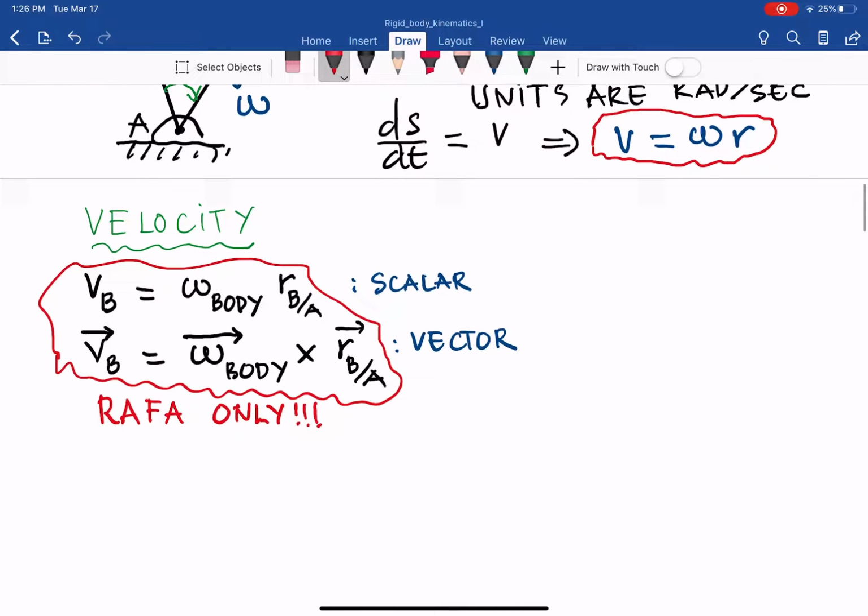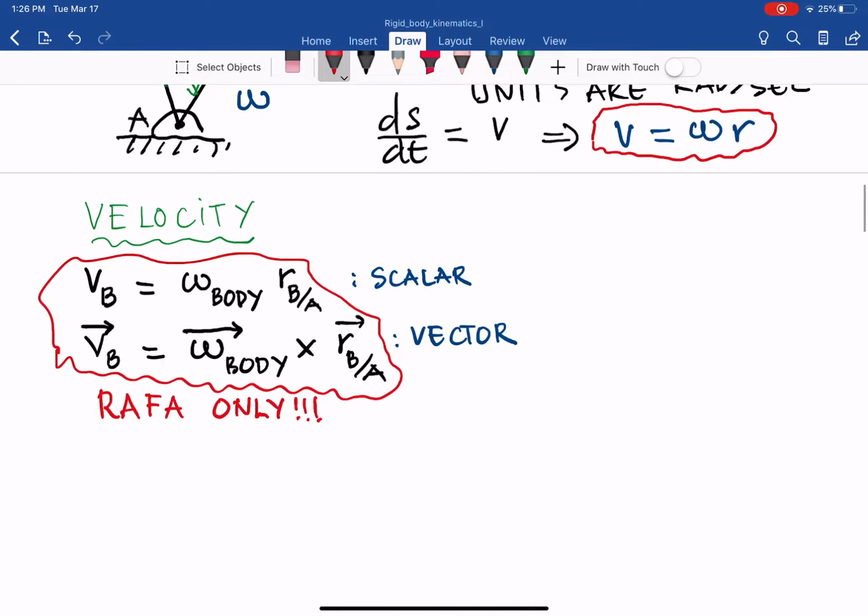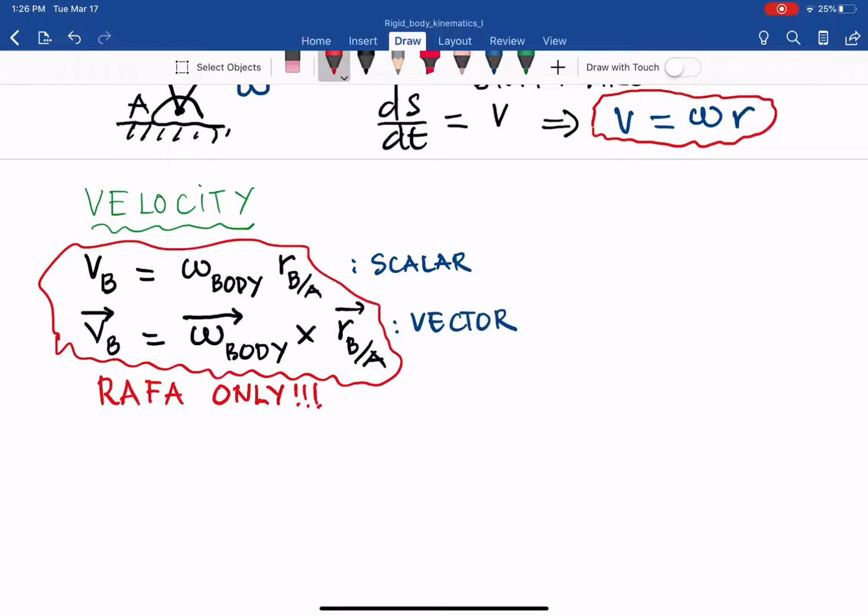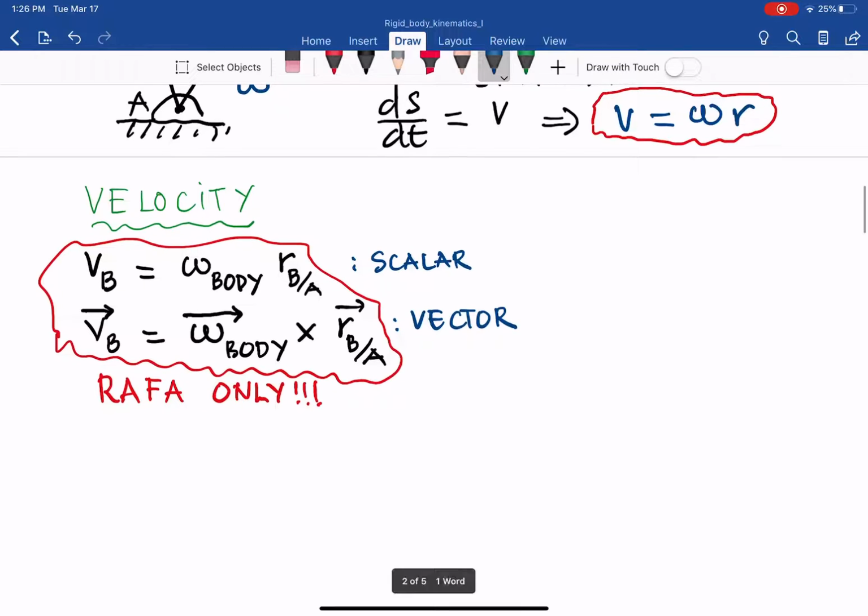As you can see, this is a very important point, and I will pull it out in the next video, but let's take a few notes here. For VB, we have to specify a point for the velocity, and we call it a point property. So for a rigid body, especially rafa and GPM, you need to specify which point when we talk about the velocity.